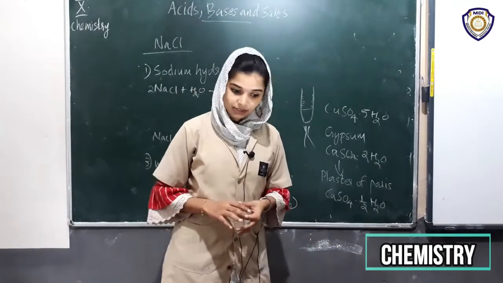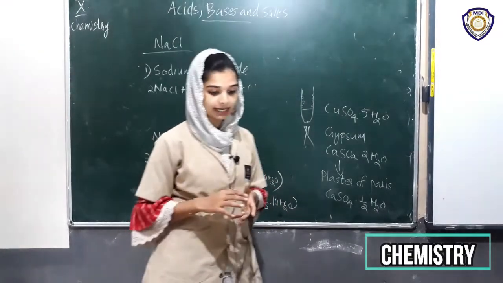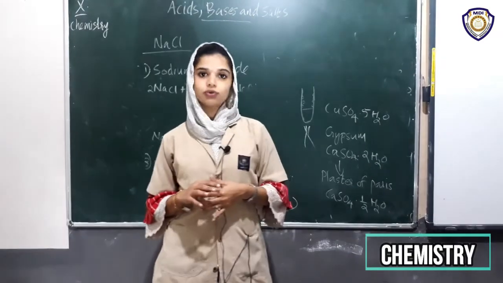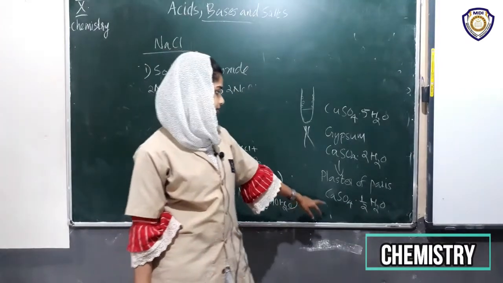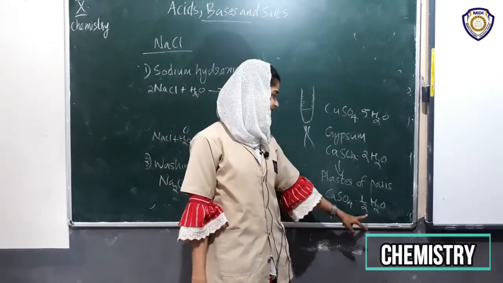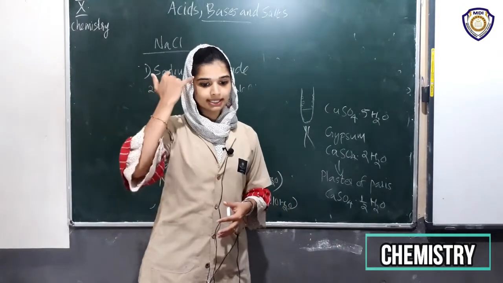Plaster of Paris is formed by heating gypsum at 373 Kelvin, where it loses water molecules and becomes calcium sulfate hemihydrate. This plaster of Paris is white in color.